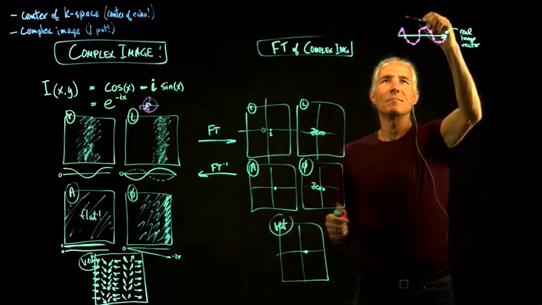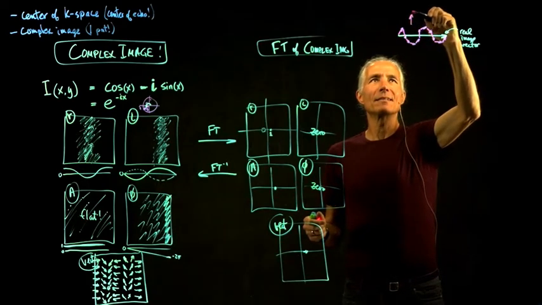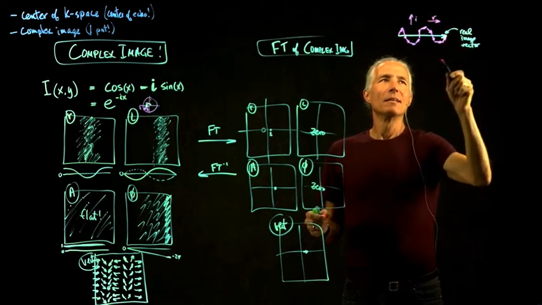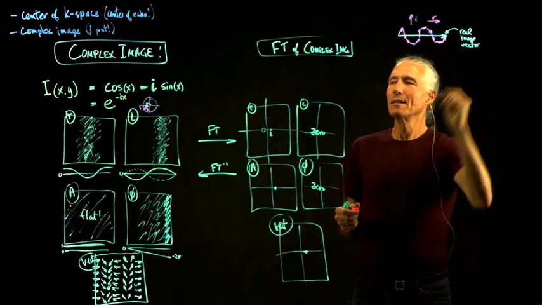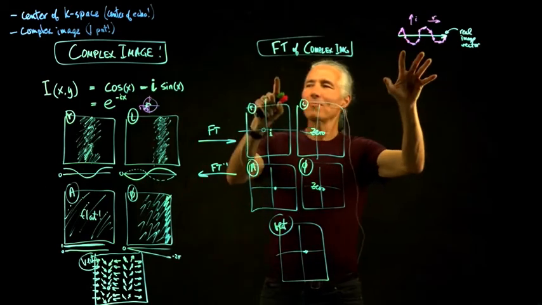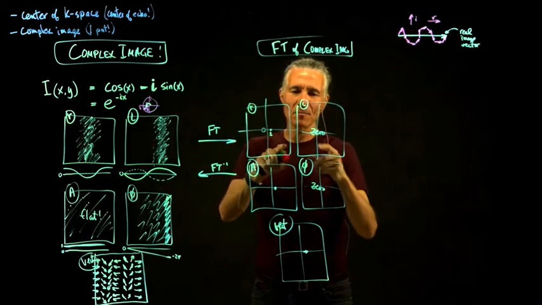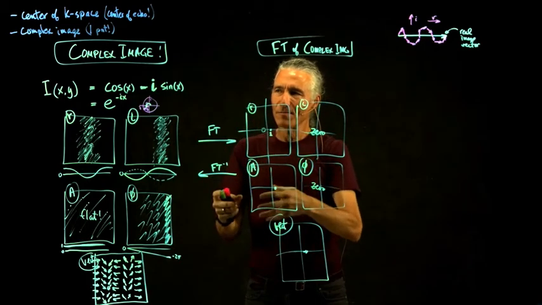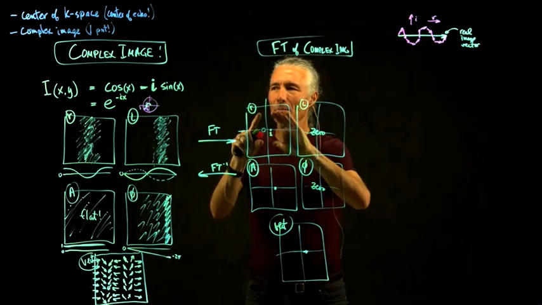So that's the imaginary direction, and this is the real direction. And so basically, this is what we want. We want a setup where all the imaginary parts of the image cancel out, since the inverse Fourier transform is basically a sum of a bunch of complex numbers.